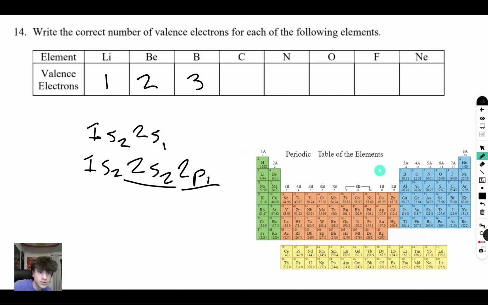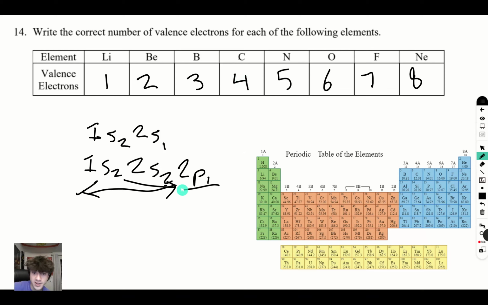And if you continue going, C, N, O, F, and Ne, it's just the same thing. 5, 6, 7, 8. Because this stays the same, and as you go down this list, this first one's going to be lithium, the second one's going to be beryllium, this is going to be boron.